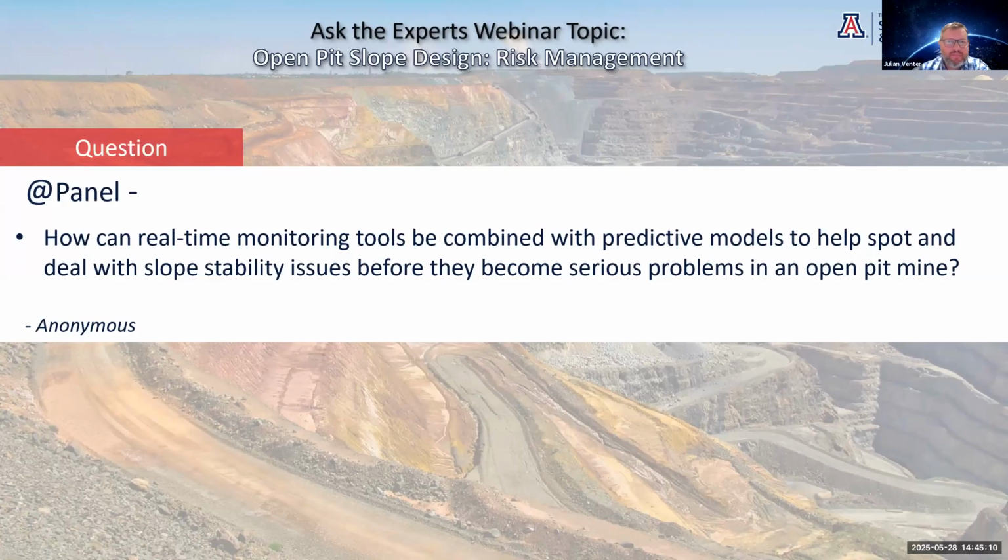Something else to consider in combining models with monitoring tools is the value of validating your predictive model. I'm sure we've all been involved in slopes where we think it's going to happen here, but it ends up happening somewhere else as far as instabilities.